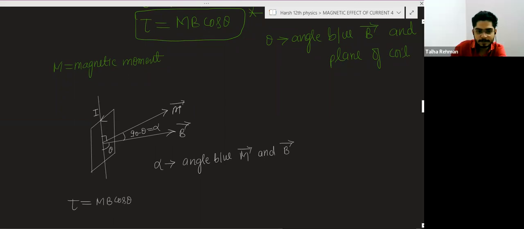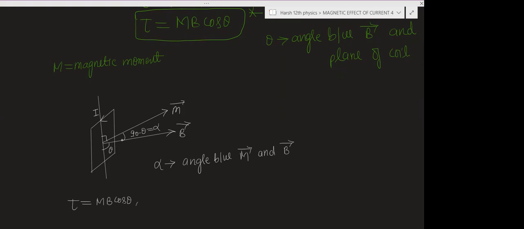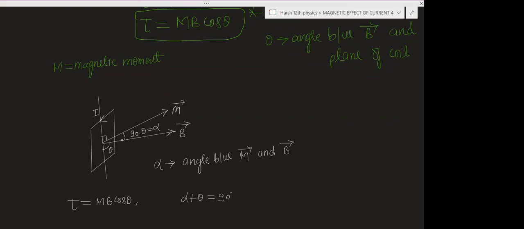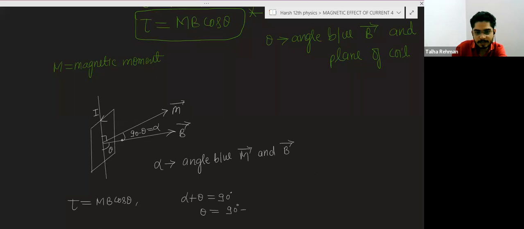Now I can find the value of theta. Alpha plus theta is equal to 90 degrees, so theta you can calculate from here as 90 minus alpha.